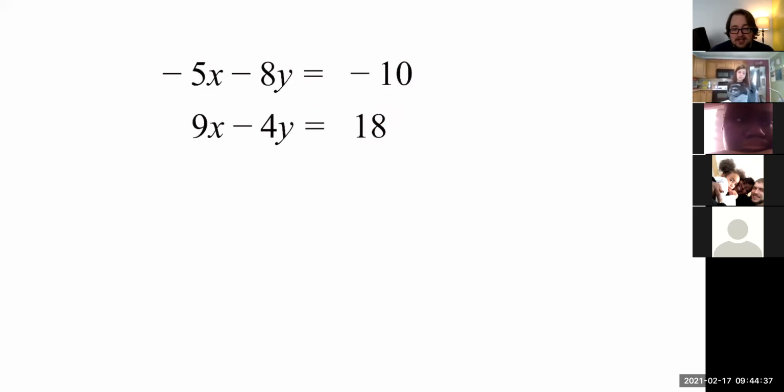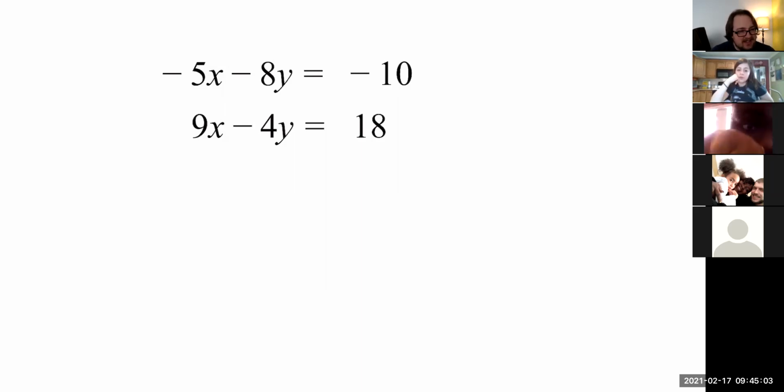But then I look a little bit deeper and I notice, again focusing on my x's and y's, unfortunately, the x coefficients are -5 and 9. They're opposite in sign, but they're not exactly opposite. And then on the y's, I have a -8 and a -4 for those coefficients. So we're not quite there yet.